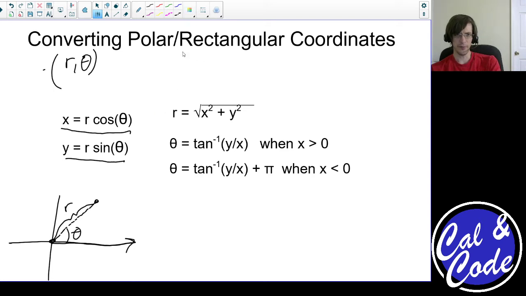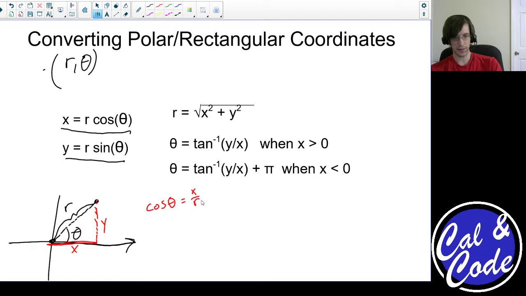To convert this back to an x and y, which is how far left and right and how far up and down we are, we just need to get that vertical distance, that'd be our y, and that horizontal distance, that would be our x. This just comes back to basic trigonometry. If I want to find x, I need something with r and theta that involves x. The cosine of that angle is the adjacent over the hypotenuse, that is x over r.